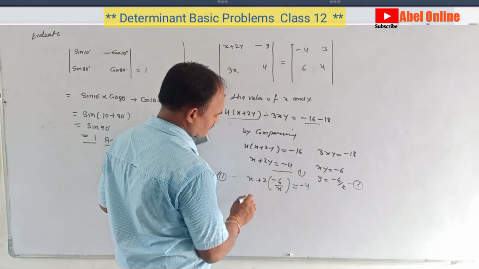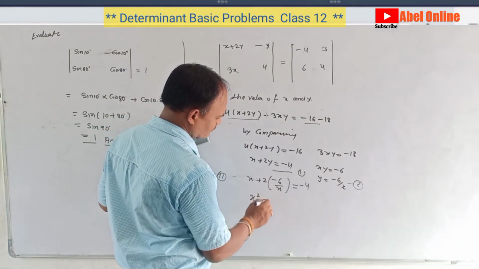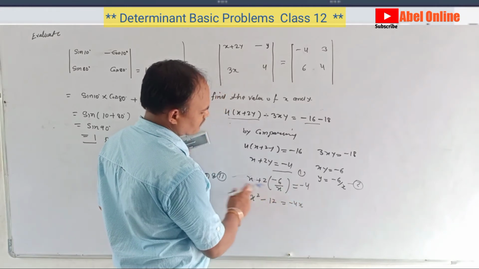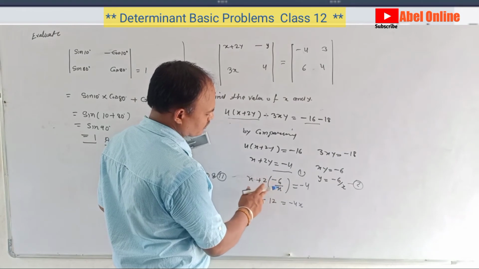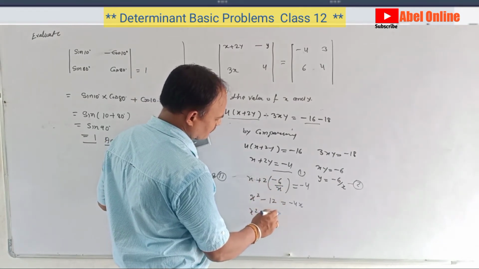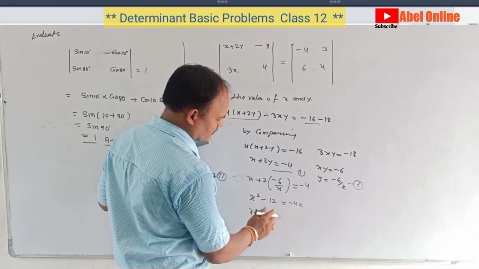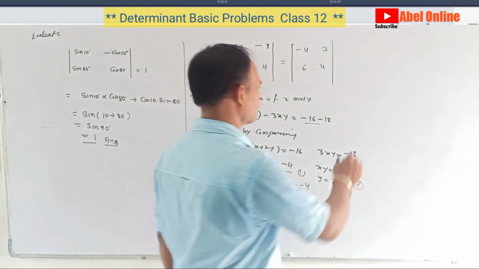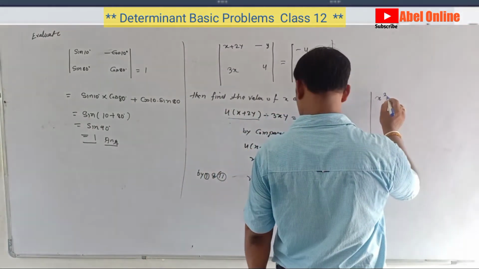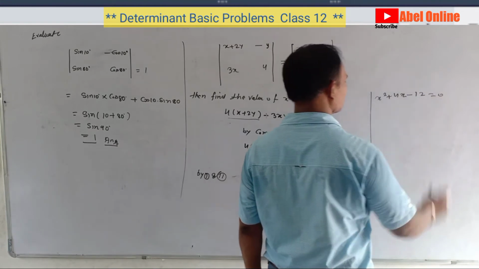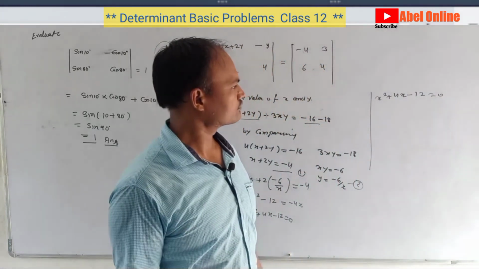So we can say that x square minus 12 equals minus 4x. It is x square minus 12 and it is minus 4x. So x square plus 4x minus 12 equals 0. Now do the factor of this. So what is the factor?